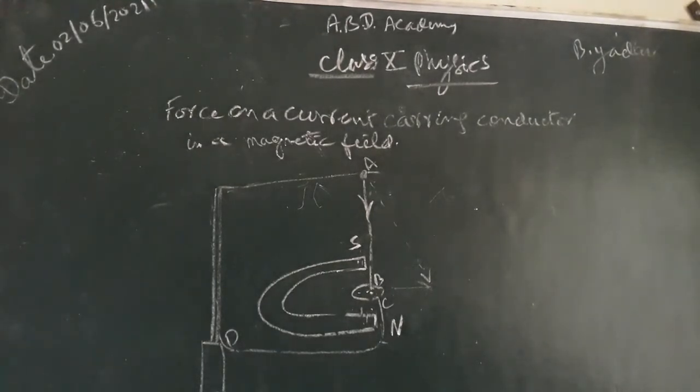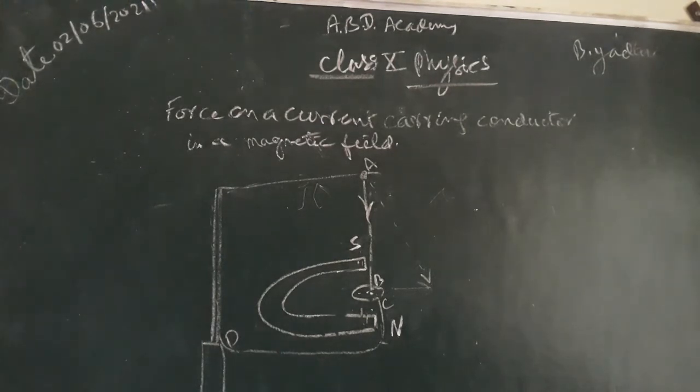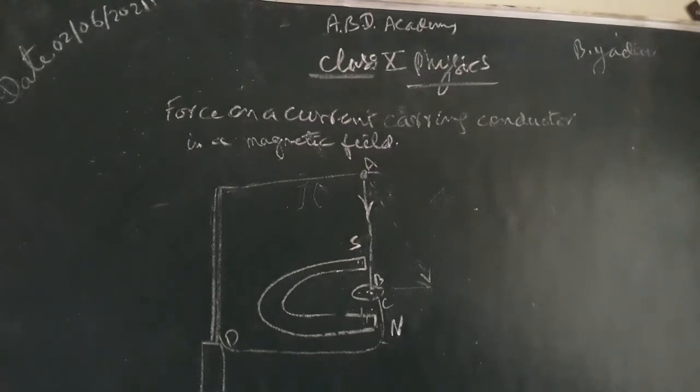So students, I have explained here Fleming's left hand rule for the direction of force and how current in a conductor produces motion in a magnetic field, and this is the demonstration of force on a current carrying conductor.